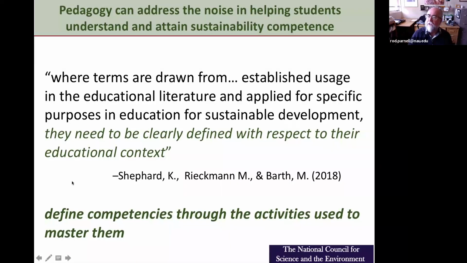Now, one of the things that we need to emphasize is that these core competencies can't just exist by themselves. And Peter pointed out before the importance of being able to understand if your students are actually learning what we want to see them learn in these competencies. And so when we think about a competency that we want to have our students master, it's important to be able to figure out what the educational context for that competence is.